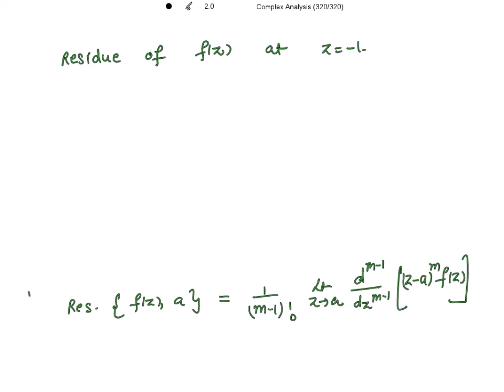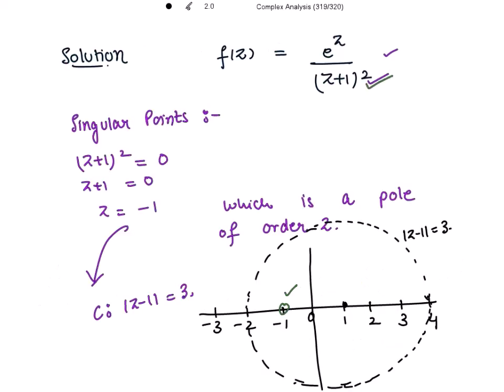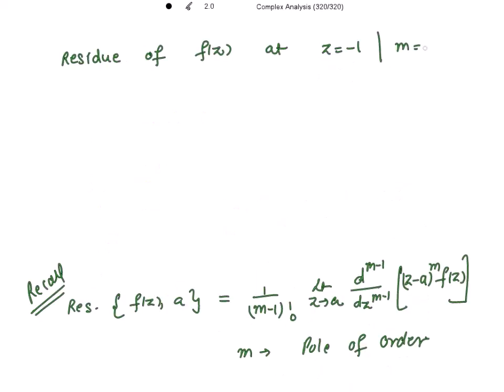Please remember this formula, where this m represents the order of the pole. Right? In our example, the pole is of order 2. So we take here m = 2, and now calculating the residue.